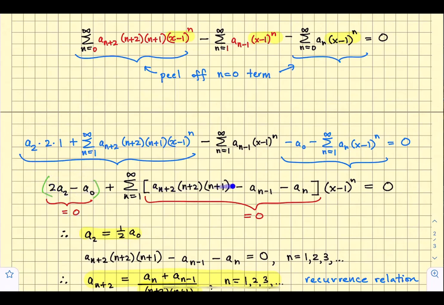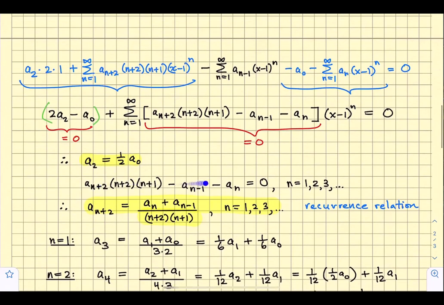And then since the quantity in the brackets is the coefficient for the nth power term here, this must equal 0 in order to get the entire infinitely long polynomial to be 0. So if this is 0, this gives me this. We'll just first set it equal to 0, realizing that this is true when n equals 1, 2, 3, and so on.